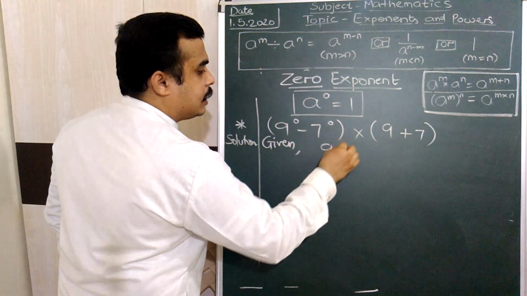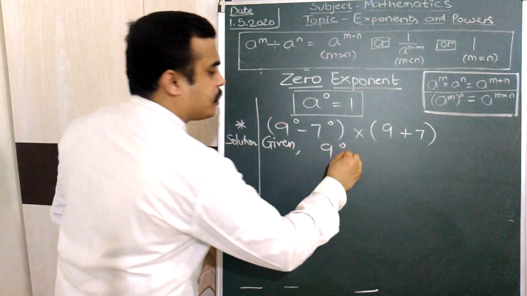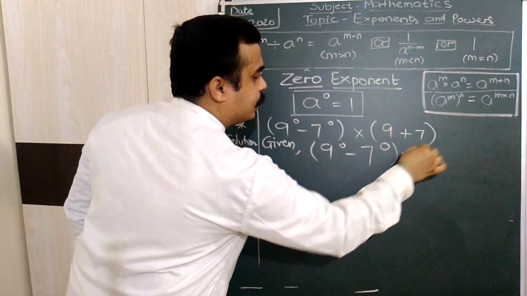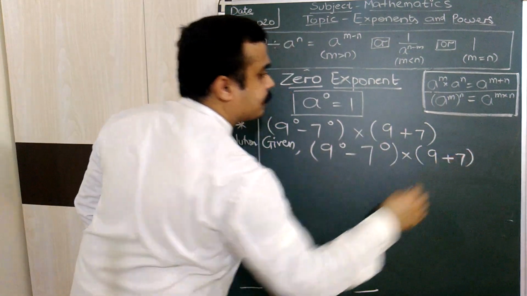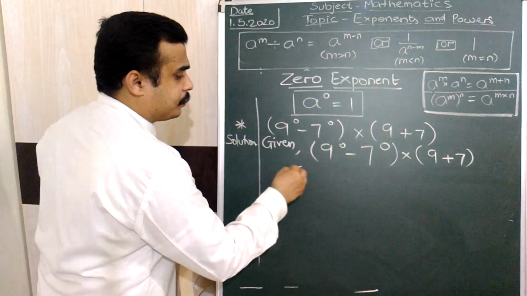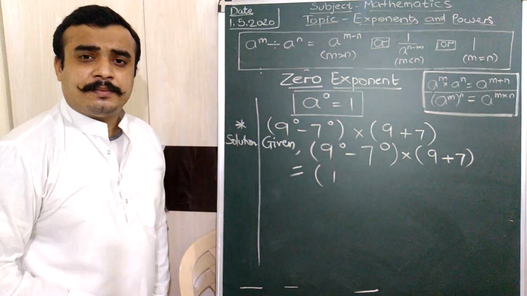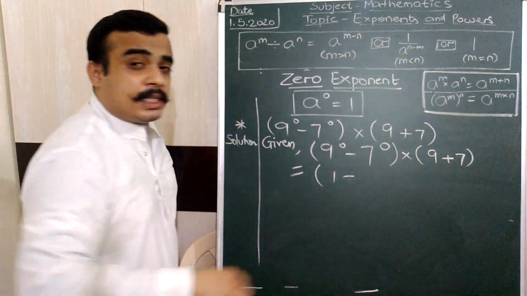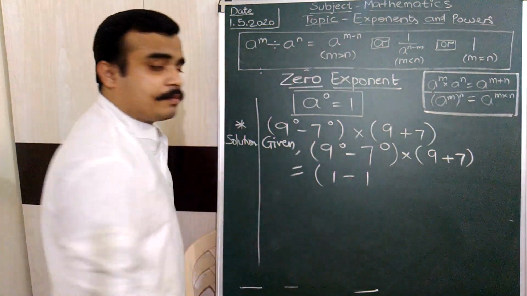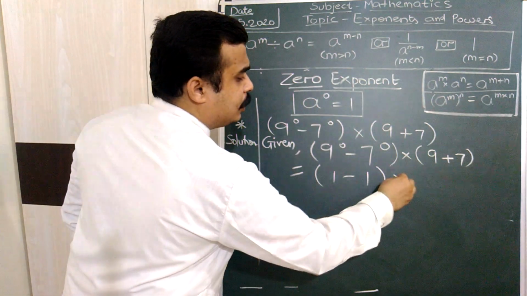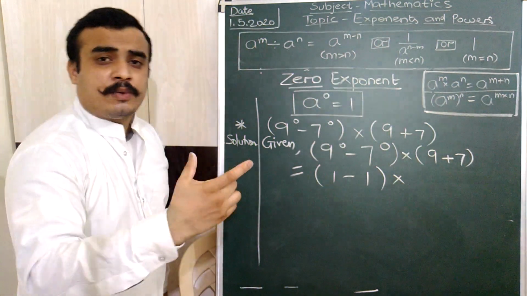So the question is 9 raised to the power 0 minus 7 raised to the power 0, brackets are given, into 9 plus 7. Now 9 raised to the power 0 means 1, minus 7 raised to the power 0 means 1, bracket close, into 9 plus 7. We have to solve the bracket.